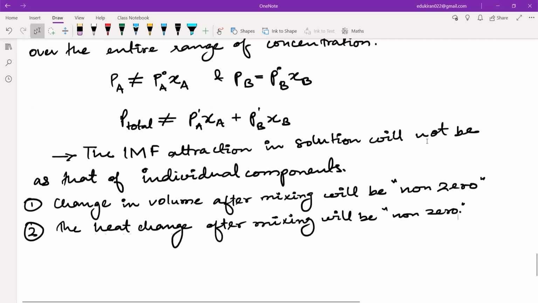So obviously from here also you should understand that there will be two types of non-ideal solution. In one, the intermolecular forces of attraction are higher, and in the other, the intermolecular forces of attraction are lower.